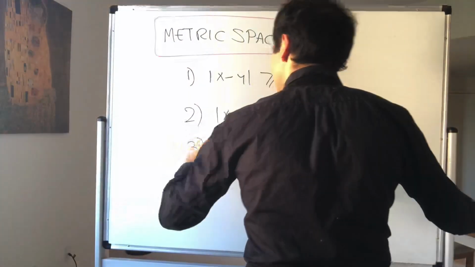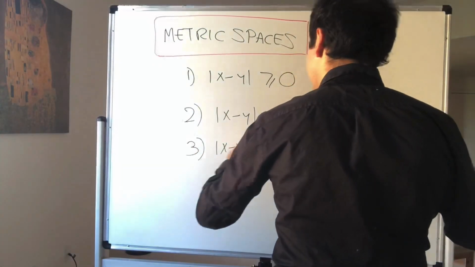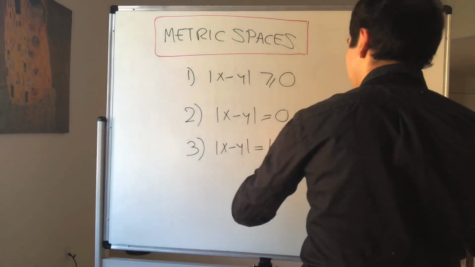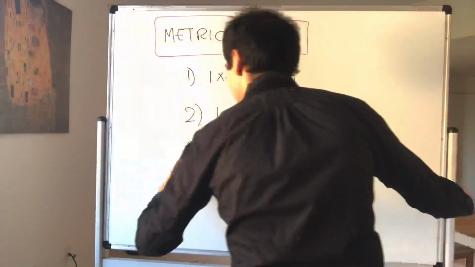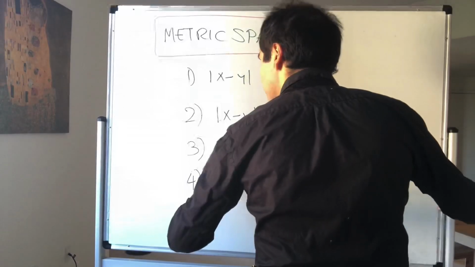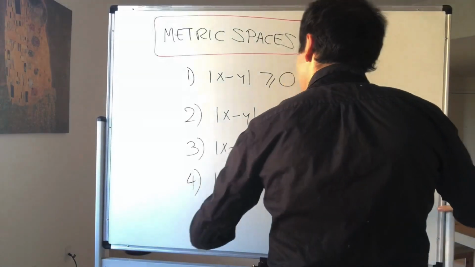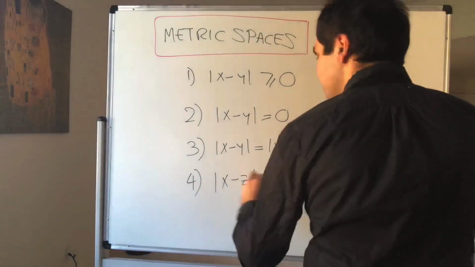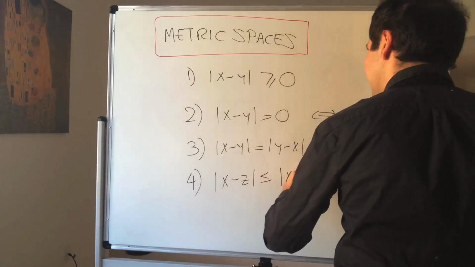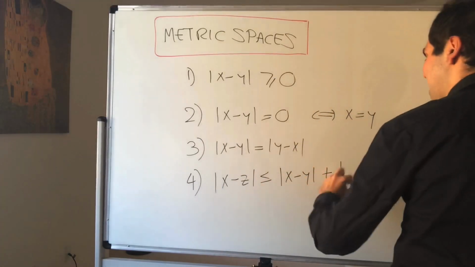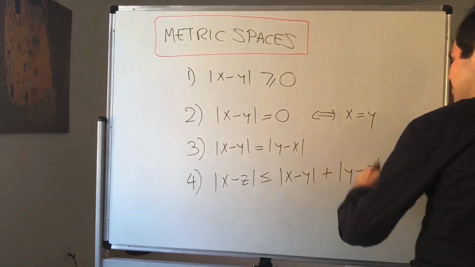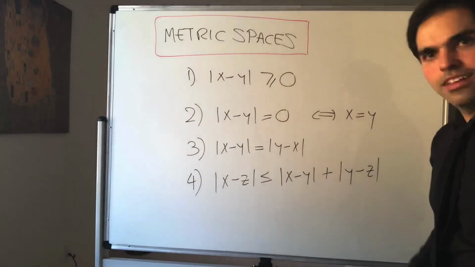Also, the distance between x and y is the same thing as the distance between y and x. And lastly, of course, the triangle inequality, which is just saying that the distance between x and z is less than or equal to the distance between x and y and the distance between y and z.